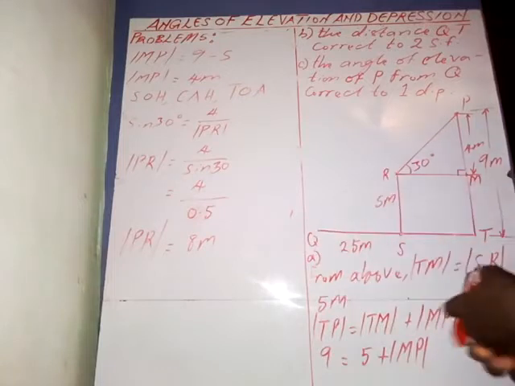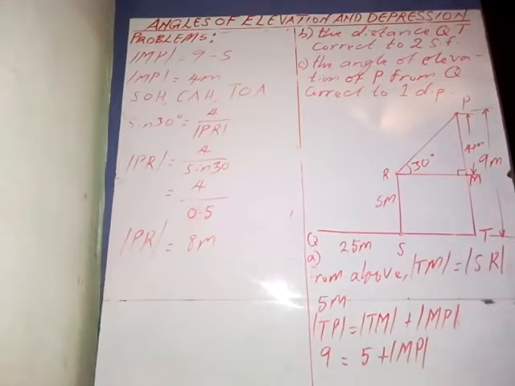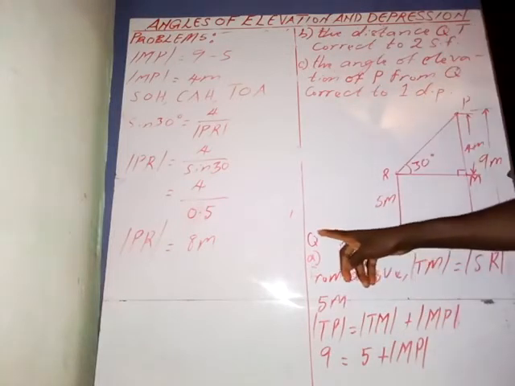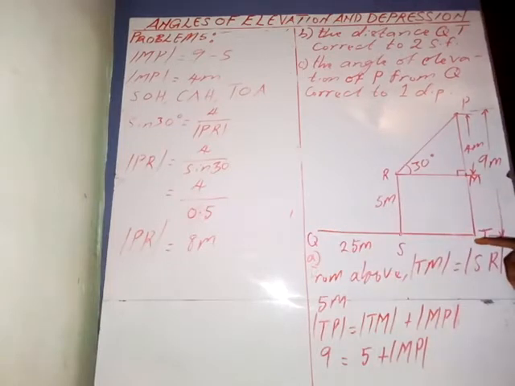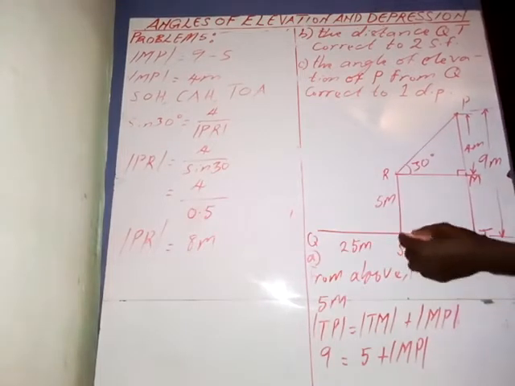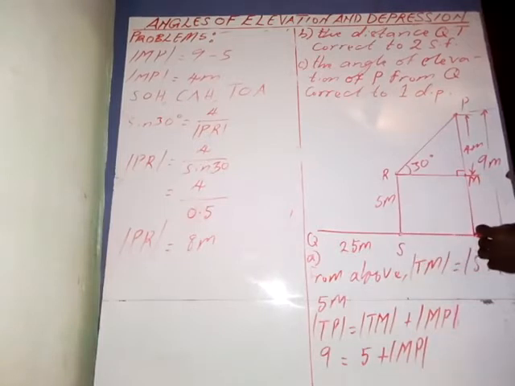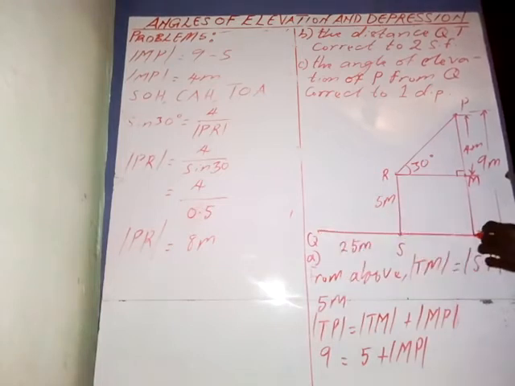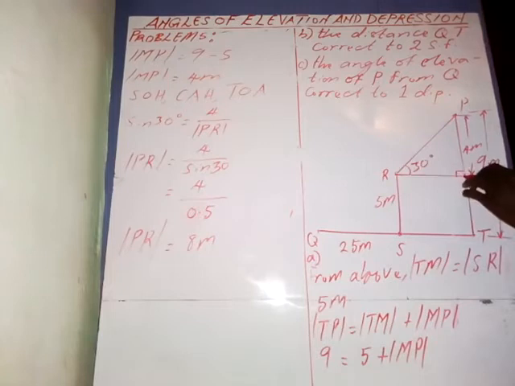Now let's work on question B, that says that we should find distance QT. Distance QT is from here to here. Now if we look at what we have here, QT is the sum of QS and ST. We don't know distance ST, but we can get distance ST if we are able to know distance RM.